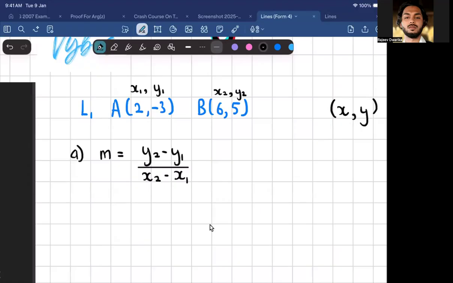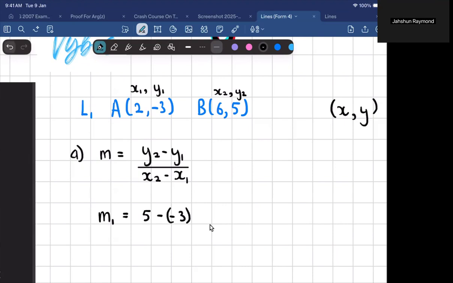So let me actually find the gradient of line 1. Notice I'm saying M1 because we want to find the gradient of line 1. So Jashon, what is Y2? 5, sir. Right, 5. What is Y1? -3. Am I going to write -3 like that, or do I need to put it in brackets?